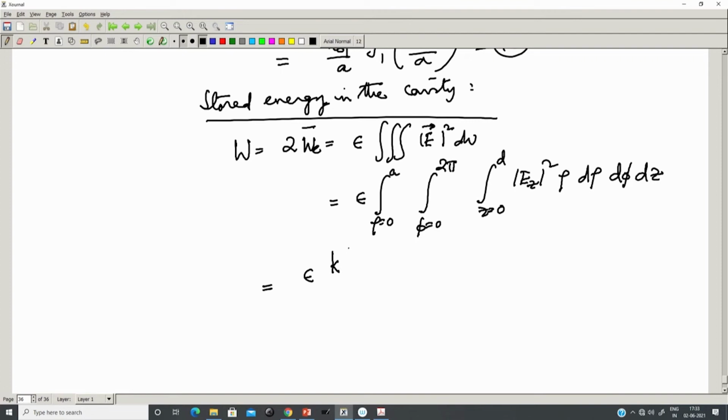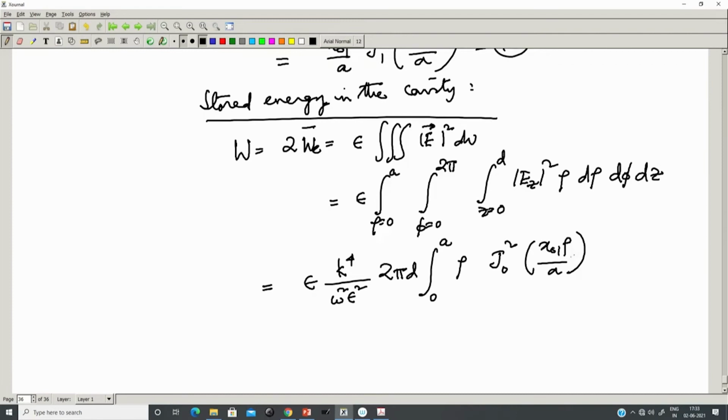So, W becomes equal to epsilon k to the power 4 by omega square epsilon square times 2 pi d integral 0 to a rho J0 square x01 rho by a d rho, that is equal to pi k to the power 4 d a square by omega square epsilon J1 square x01.